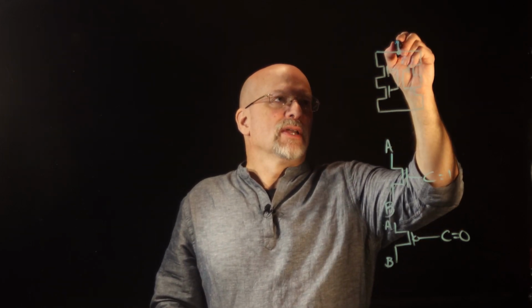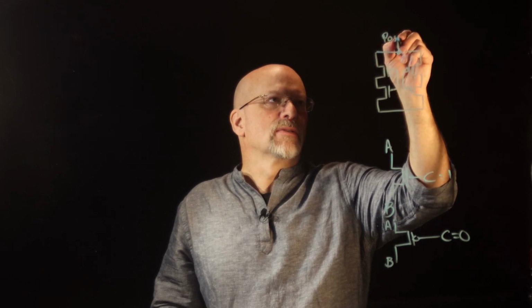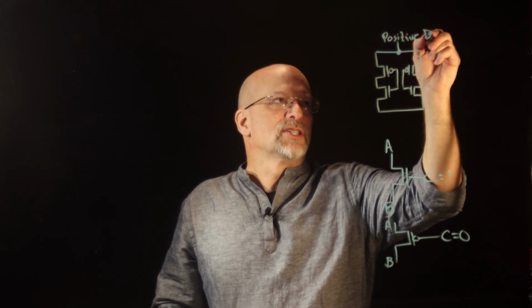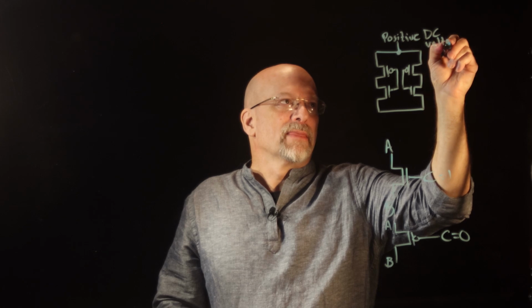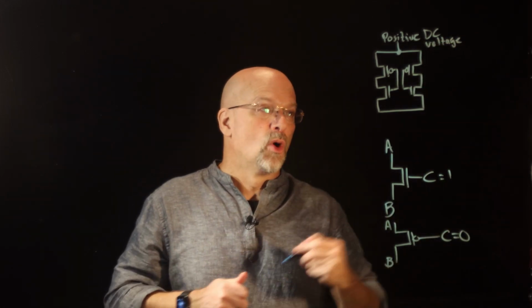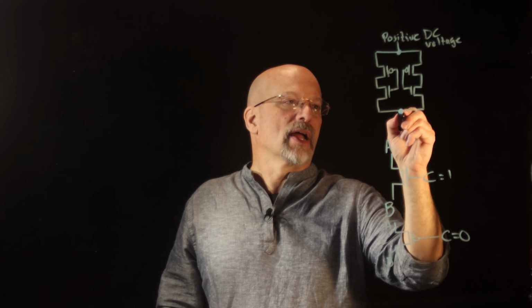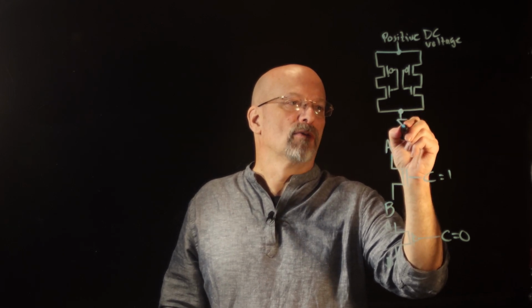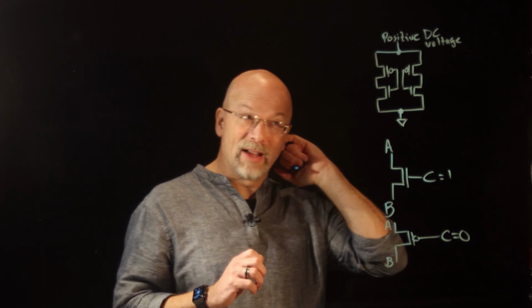Now, the way this works is I put, and we're just going to talk about some sort of a positive DC voltage here. That positive DC voltage represents a logic 1. And then on this end right here, I'm going to have 0 volts, which is kind of represented with the ground symbol.